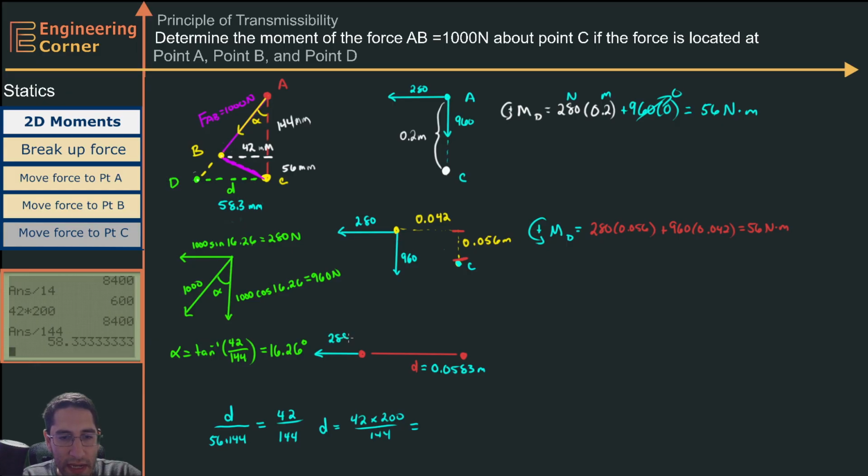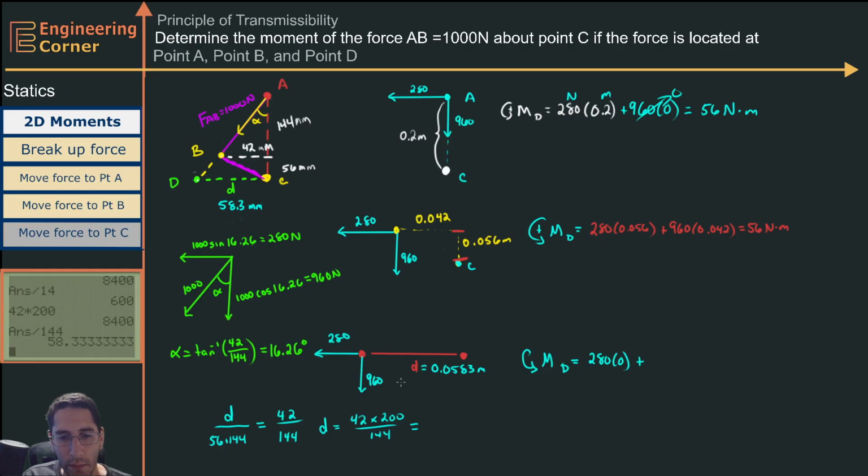When we draw our forces, this will be 280. This will be 960. Well, what do we know? When we sum the moments about D, this will be 280 times 0, it goes through point C, so there's no perpendicular distance.